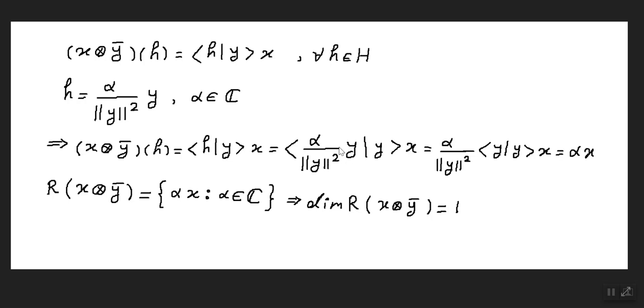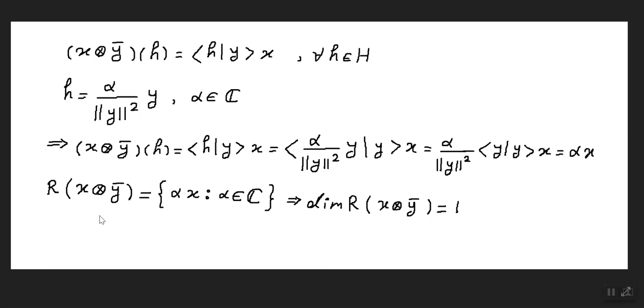By the property of the inner product, it is linear in the first component, so this moves out and becomes alpha over norm y squared, the inner product of y and y, times x. But the inner product of y and y is norm y squared, so this simplifies and only alpha x is left.